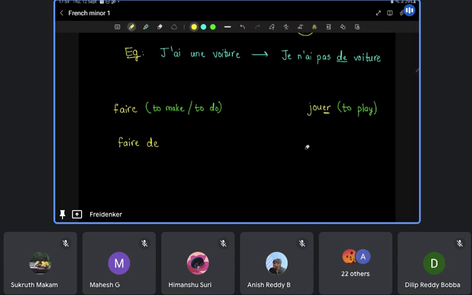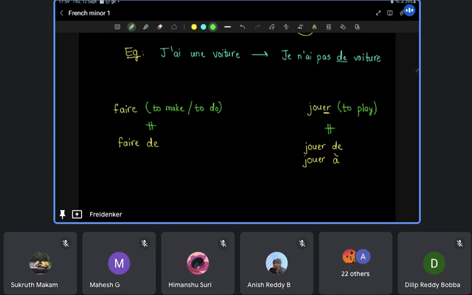And the other way is to use jouer de or jouer à. These two are different. They might be similar, but they're not the same thing. You can't simply equate the both of them. So if you miss this, the sentence might be wrong in some cases.